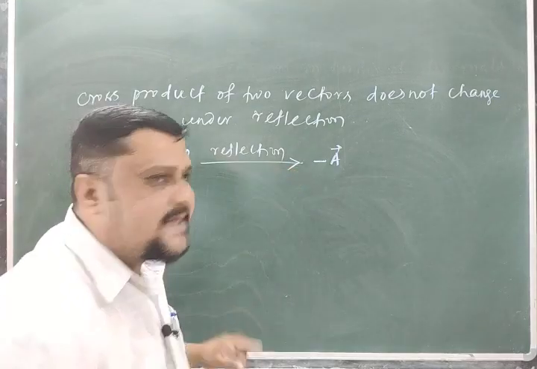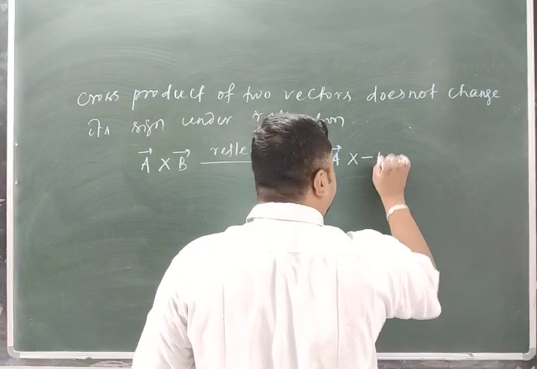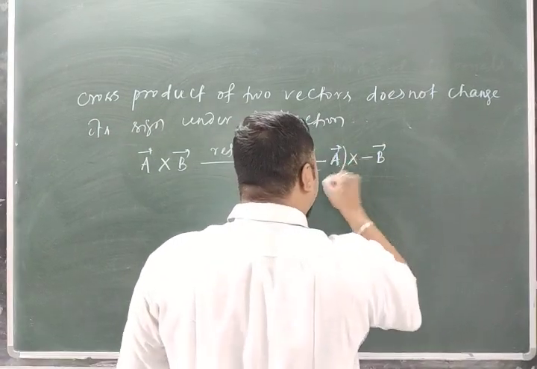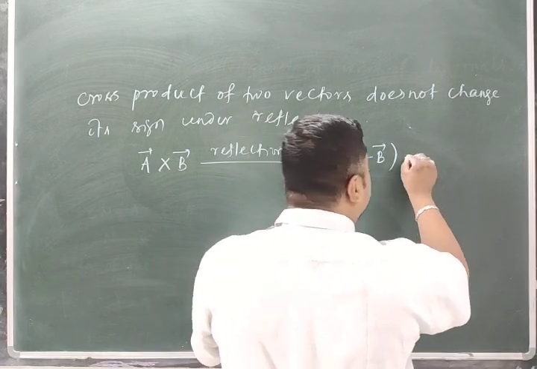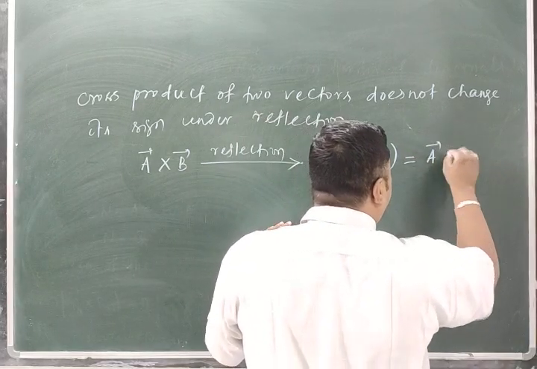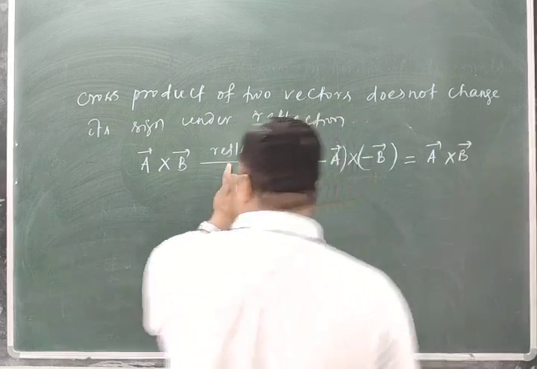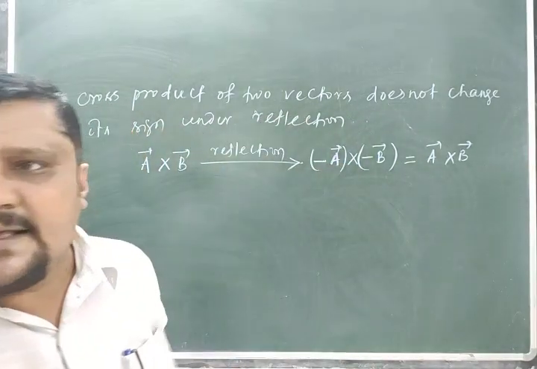So that is minus A. B also changes to minus B. So minus A cross minus B, minus into minus is plus, so you can write plus A cross B. So under this reflection, it does not change its sign.